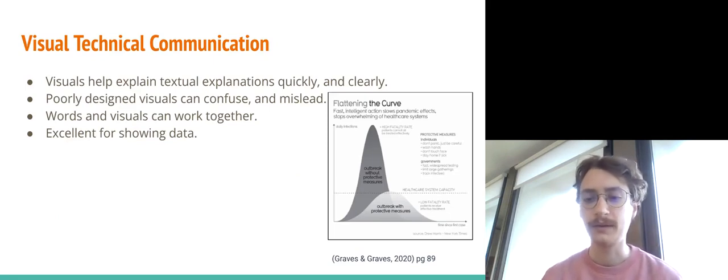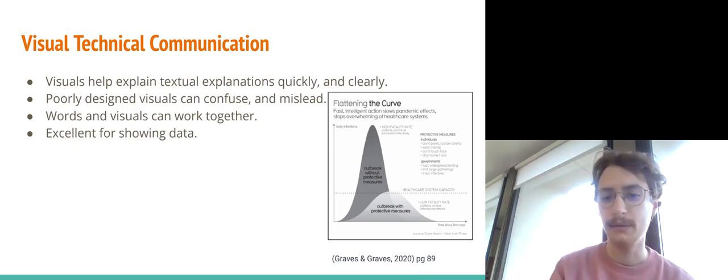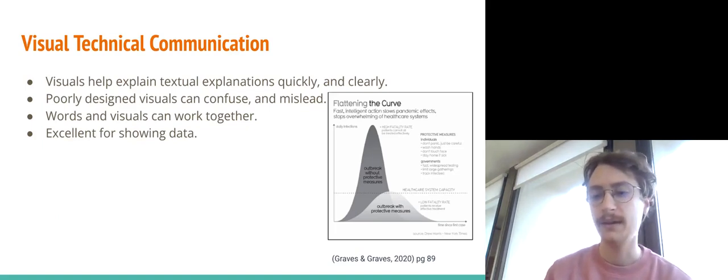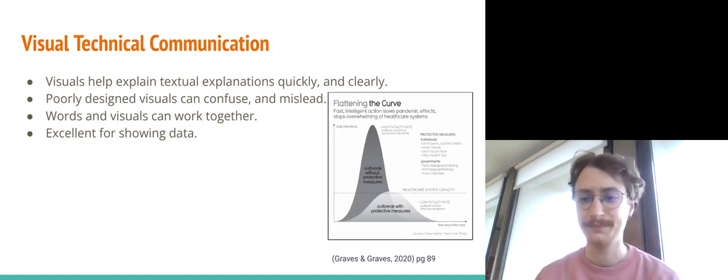Words and visuals work together, as the words that you are explaining or listening to can be shown on the visual to help emphasize the point that the visual is trying to explain, and it's excellent for showing data.